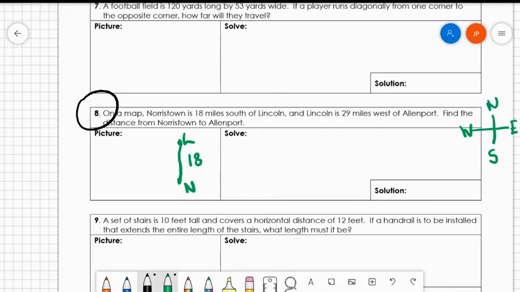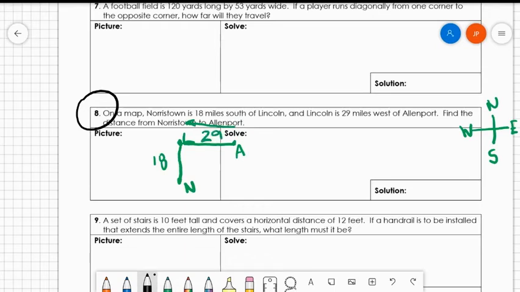So starting at Allenport, I had to go 29 miles in the west direction to get to Lincoln. So my picture looks like that.